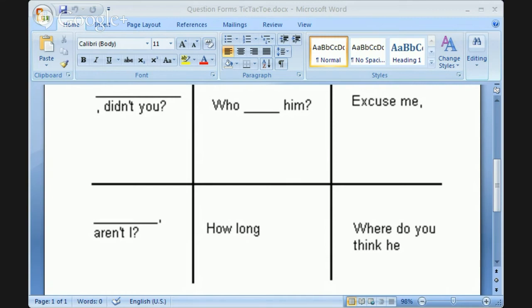If you have ever heard the contracted form ain't, what it supposedly represents is am not, but it is considered grammatically incorrect. It's also considered, don't say ain't, okay?